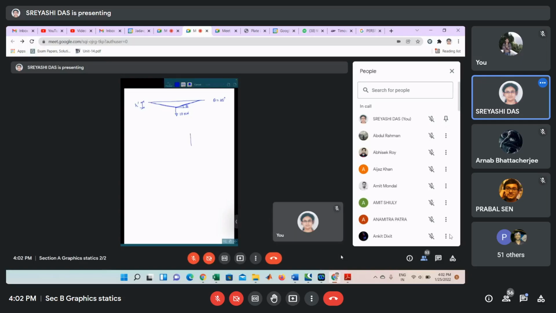I'm repeating the previous one: this is A, this is B, this is C, this is small b, small c. You will see the diagram will look like this.